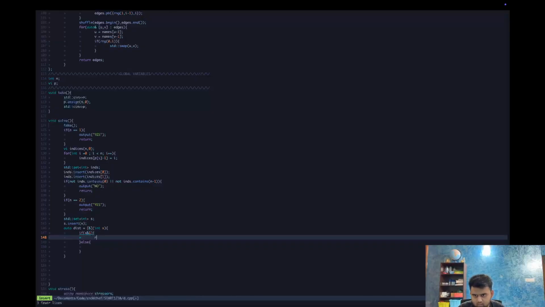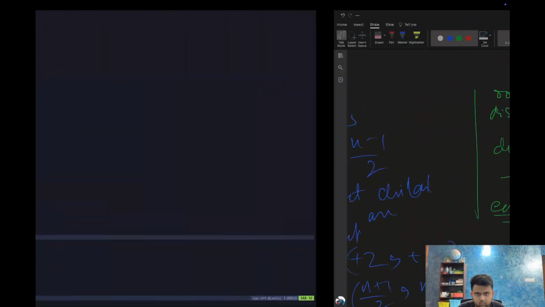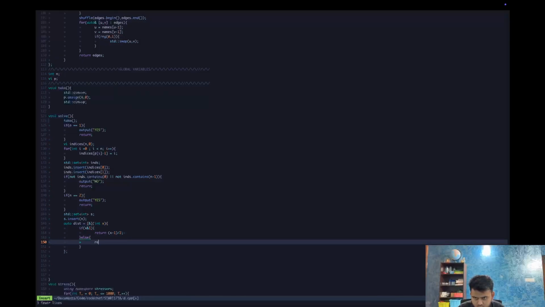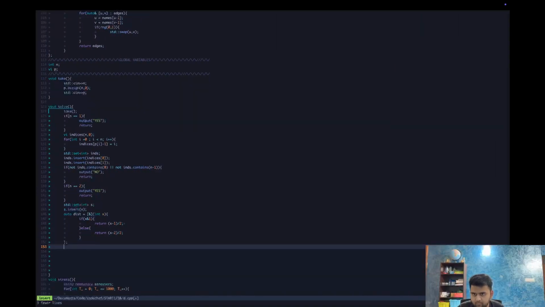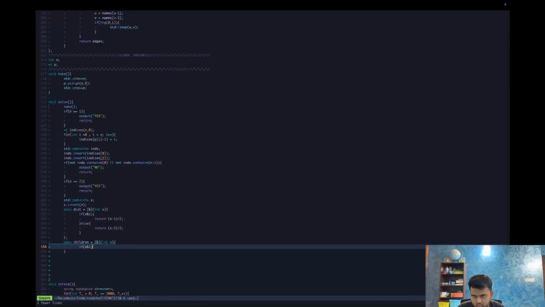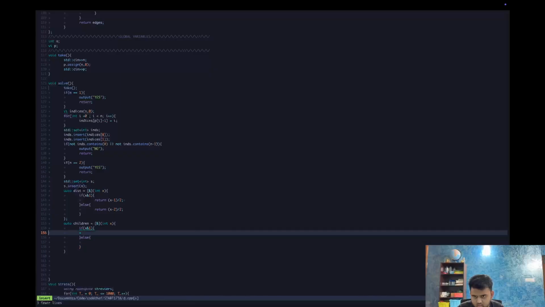Then the dist is (n minus 1) by 2. Return (x minus 2) by 2. Auto children, int x and 1 else.